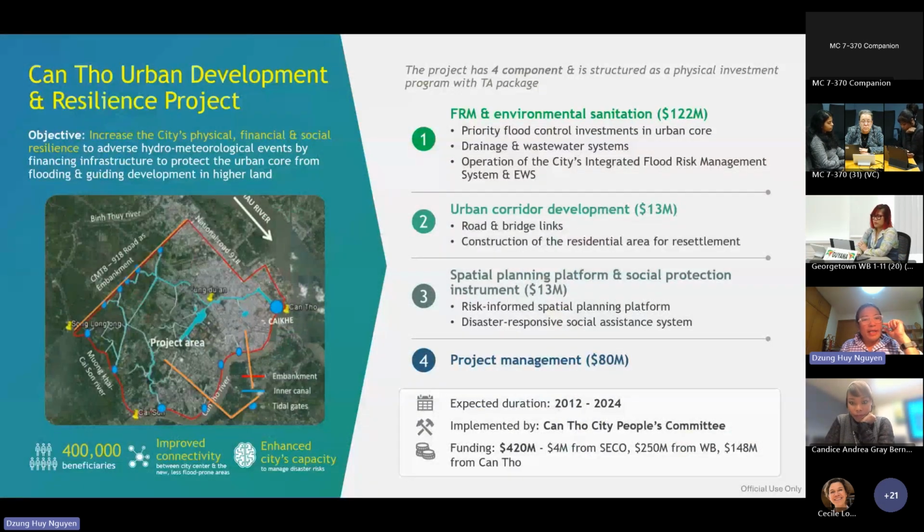If you look in a little more detail at the city, you see the core urban area right there, just next to the Mekong River. The project is designed to help the city protect against flooding from two sources: one from the river, and the other from rainfall.